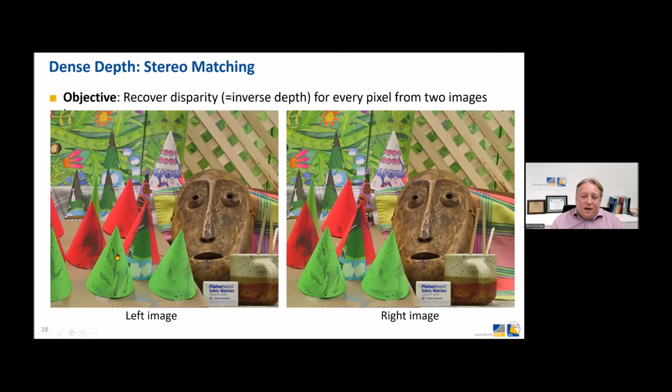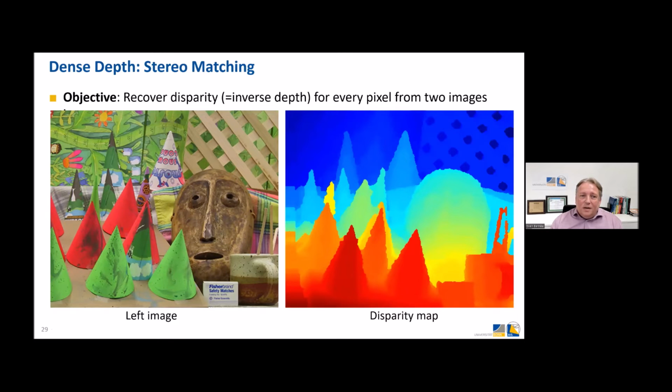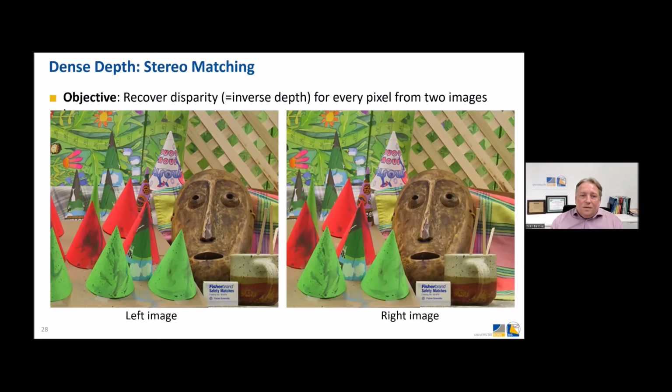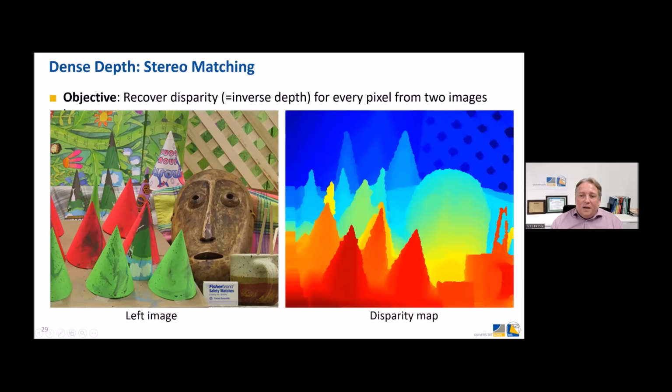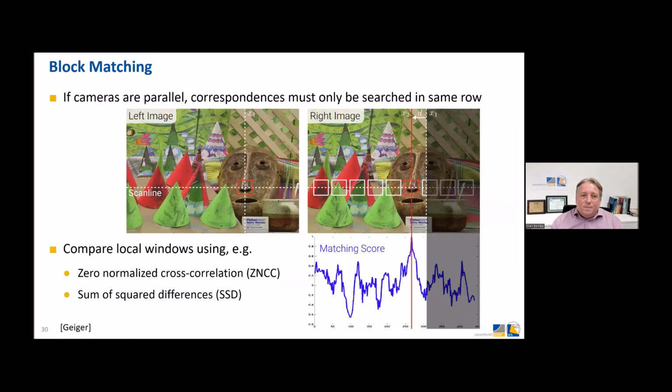But so far, we have just a sparse reconstruction based on these interest points of the scene. So we may want to have a dense reconstruction, for example, here in stereo, where we have two images from different viewpoints onto the scene and want to estimate for every point how far away from the camera it is, or what is the disparity between the different cameras.